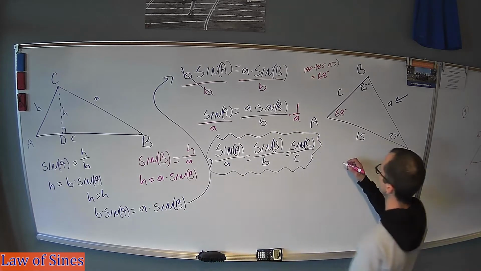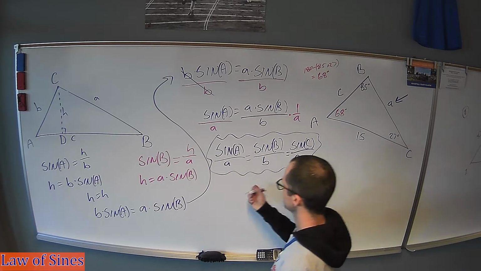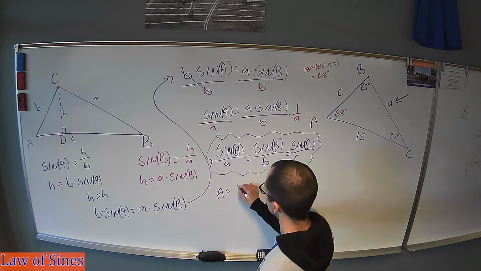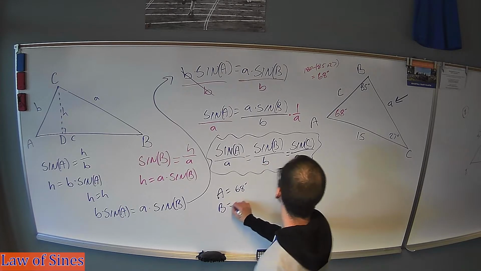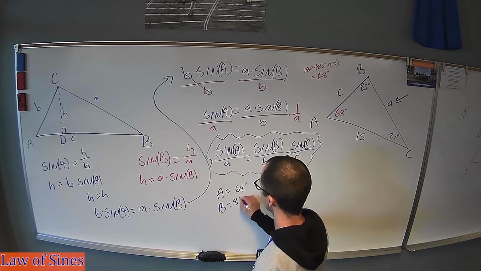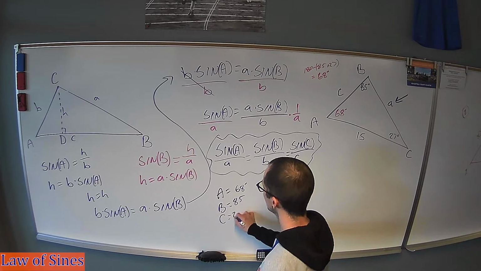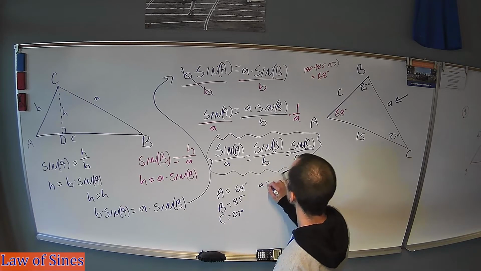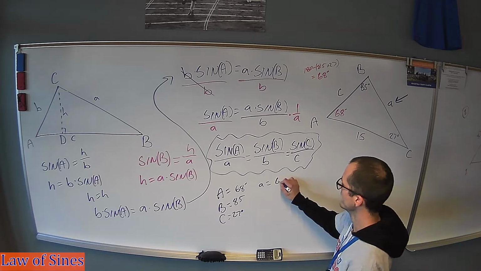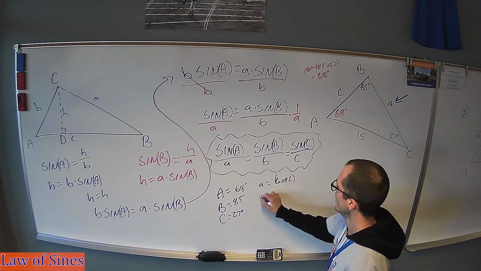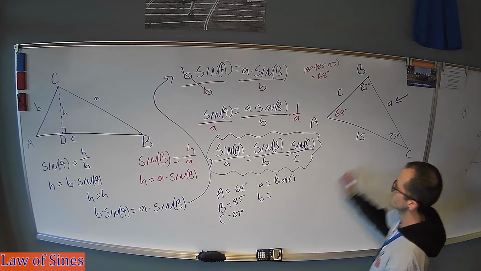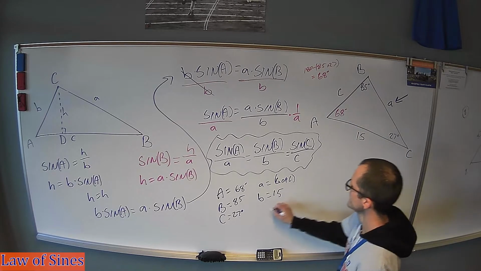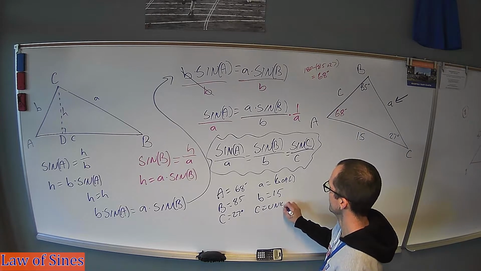We have big A, which is 68 degrees. We have big B, which is 85 degrees. We have big C, which is 27 degrees. Now, little a is the piece we don't have. This is our goal. Little b, we have that. It's 15. And then little c is our unknown.